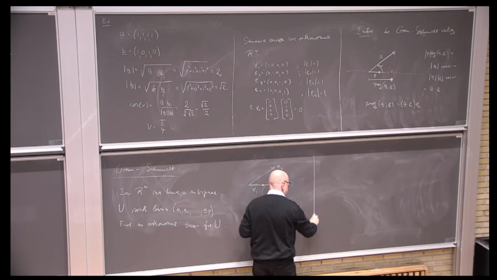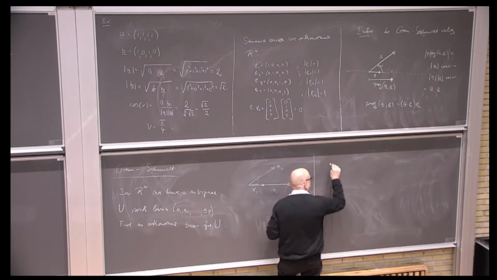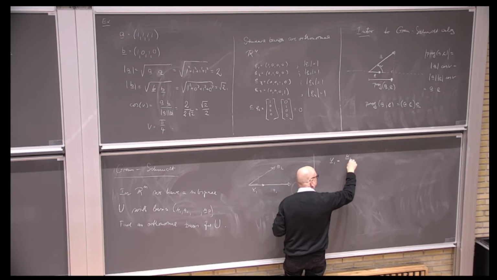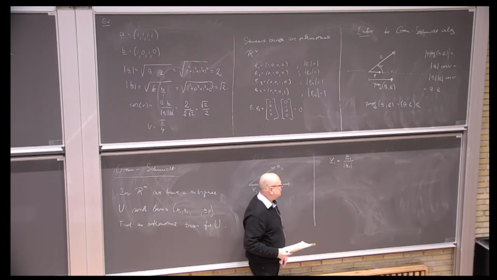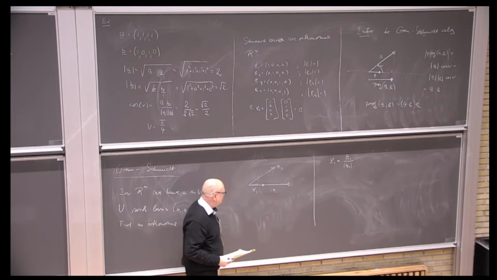I write this as the vector U1 divided by its length. So this clearly has unit length, and it is in the direction of U1.